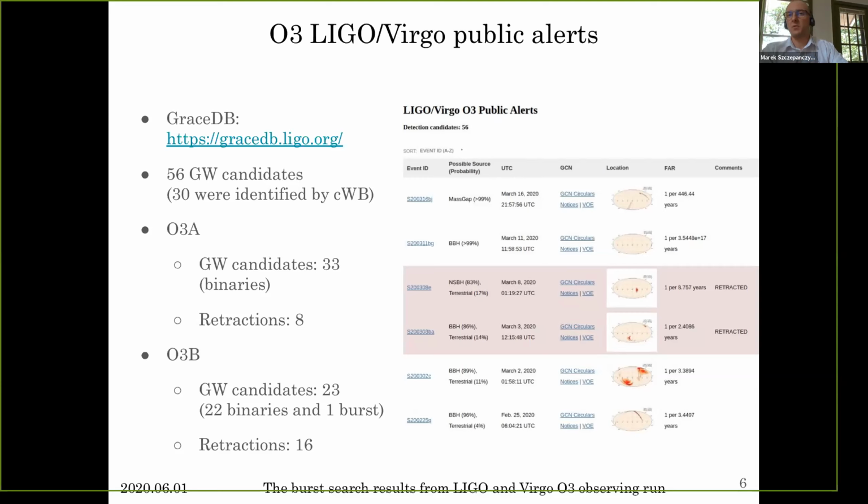During the first half of O3, we had 33 binary black hole candidates, and unfortunately we had 8 retractions. During the second half of O3, we had 23 gravitational wave candidates, 22 are binaries, and we have 1 burst trigger. This time we had 16 retractions.